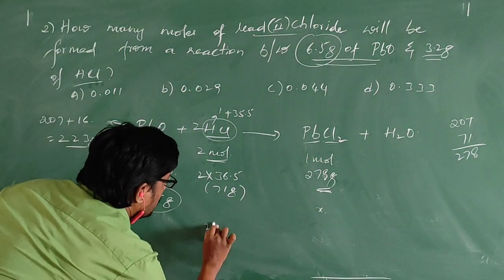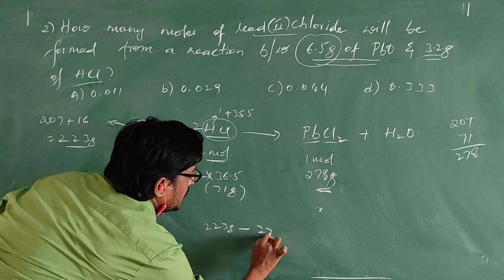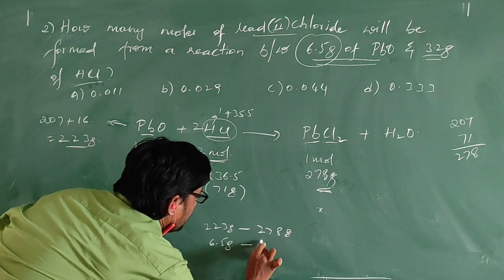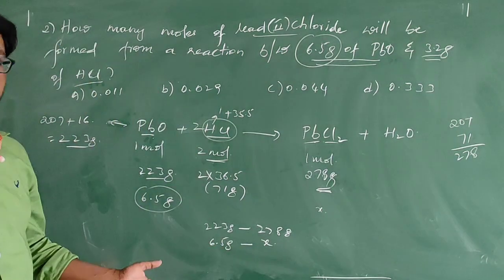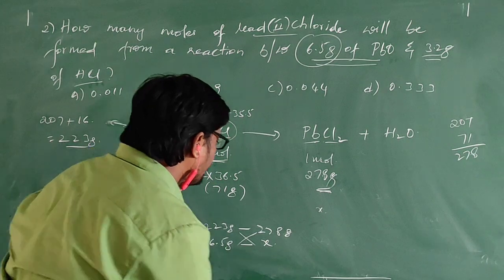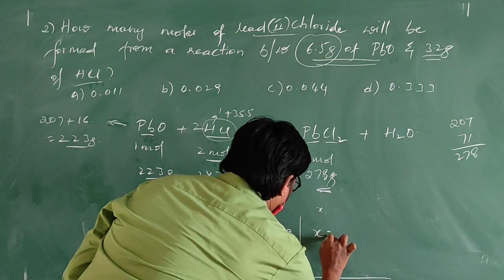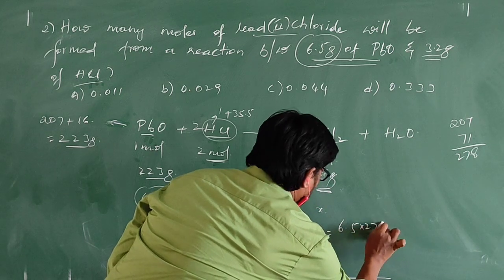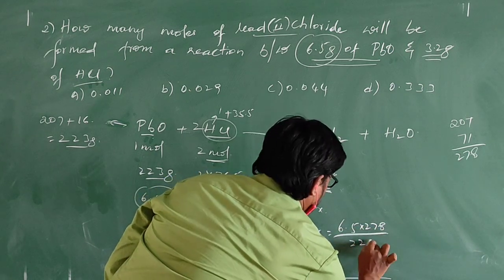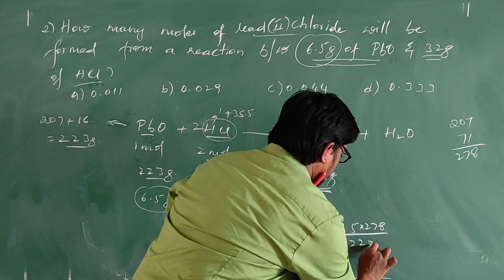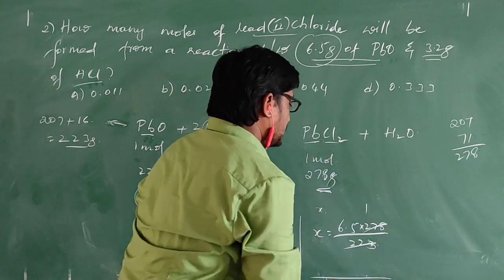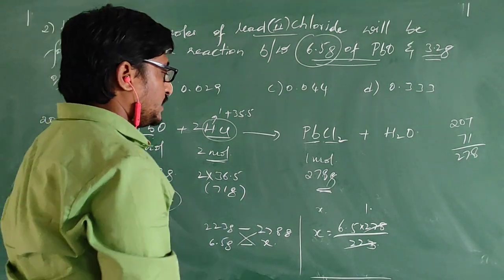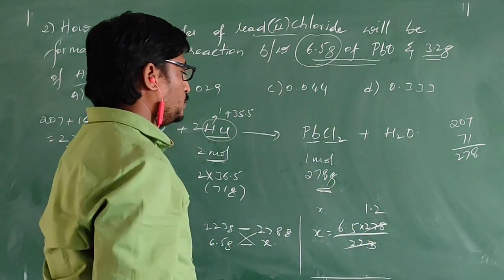So 223 grams produces 278 grams of lead chloride. Then 6.5 grams will produce, let us think that as X. When you cross multiply, you will get X is equal to 6.5 into 278 by 223. That is approximately 1.2.